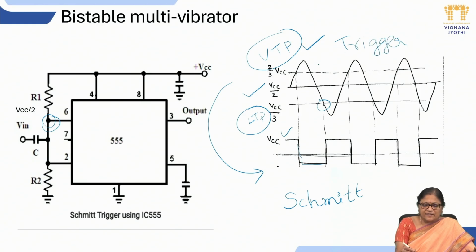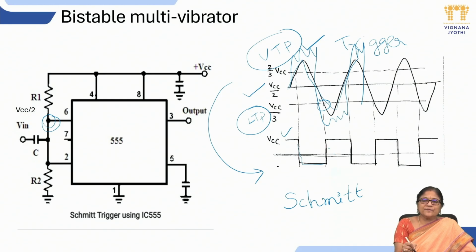This trigger may be anything: a sine wave, a triangular wave, or even an irregular, noisy wave. It will not consider any noise; it only looks for the threshold points and makes the transition. So a noisy square wave can be converted into a clean square wave, or a noisy wave into a clean wave.